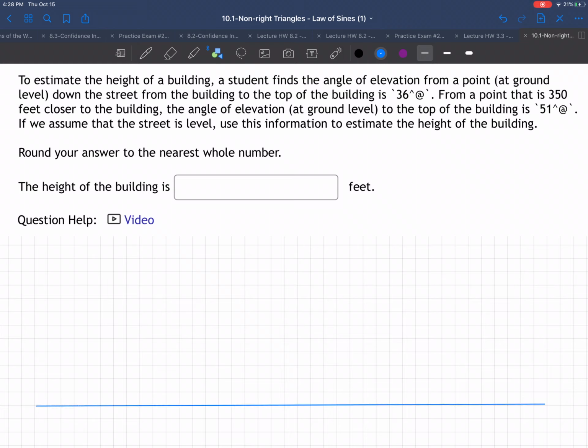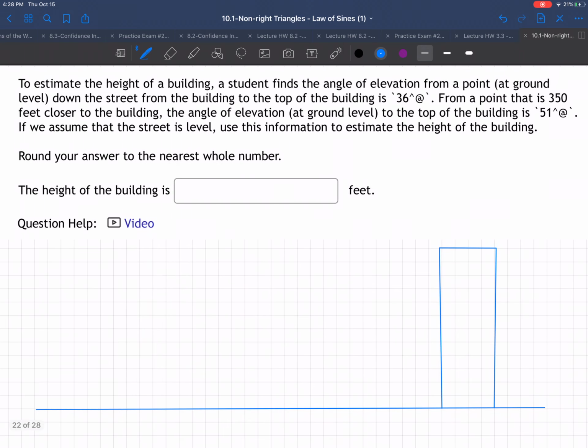So we'll have some building way over here. So there's our building. Okay, and the student goes way far away, like say way over here, and from there to there finds an angle of 36.